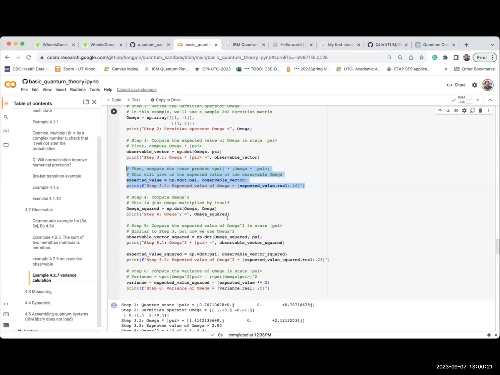Okay. Inner product omega minus expected value with the indicator function. So this is omega, that omega squared psi. Expected value squared.